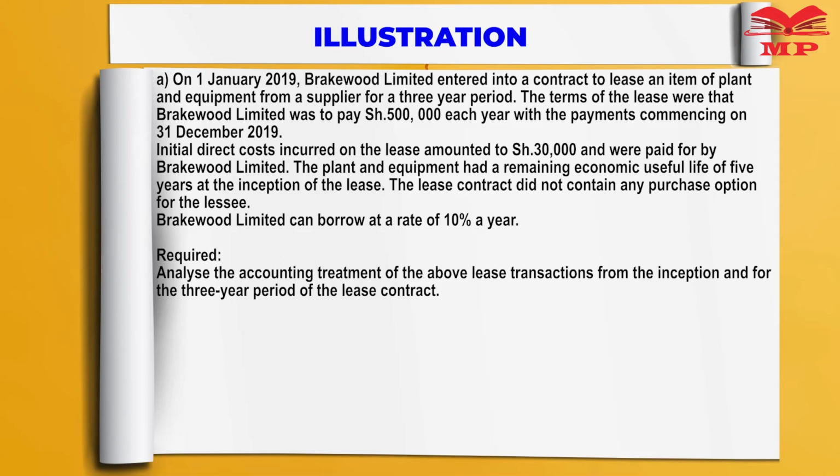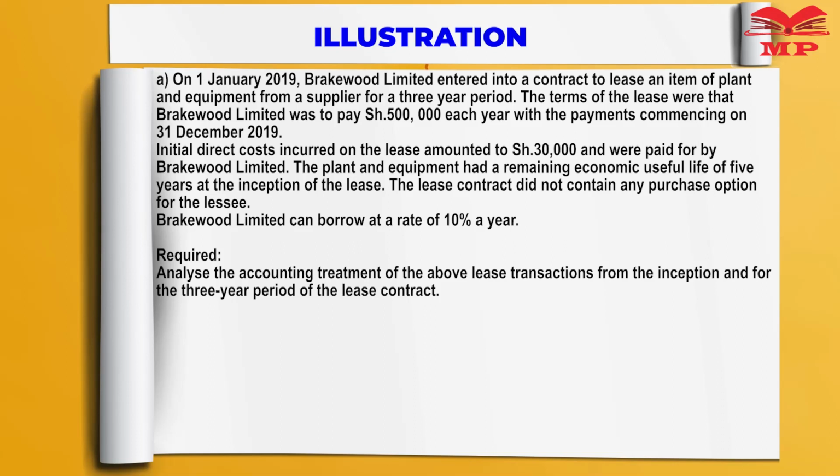Initial direct costs incurred in the lease amounted to 30,000 and were paid by Breakwood Limited. The plant and equipment had a remaining economic useful life of 5 years at the inception date of the lease. The lease contract did not contain any purchase option for the lessee. And you're told Breakwood Limited can borrow at an interest rate of 10% per annum.